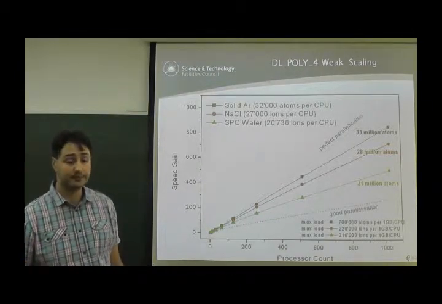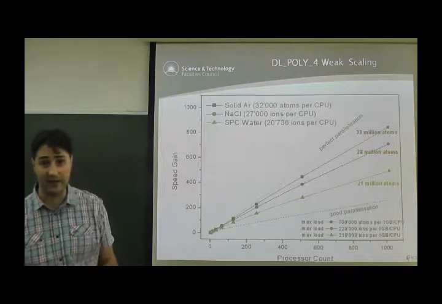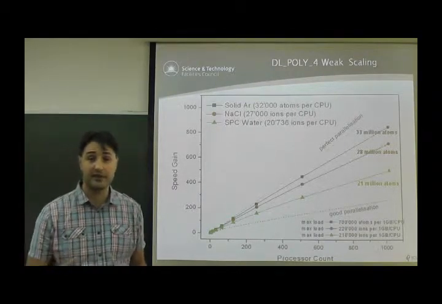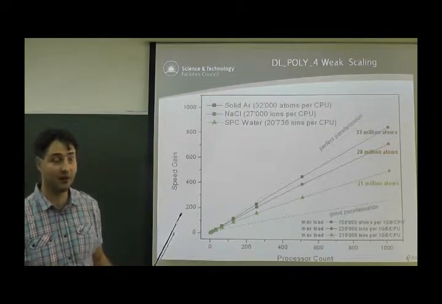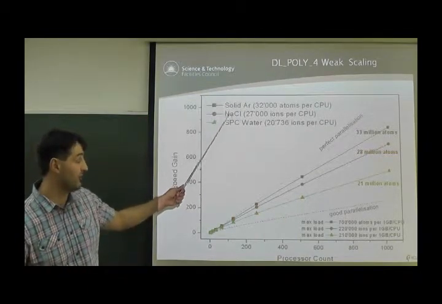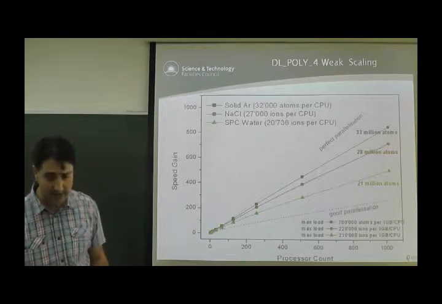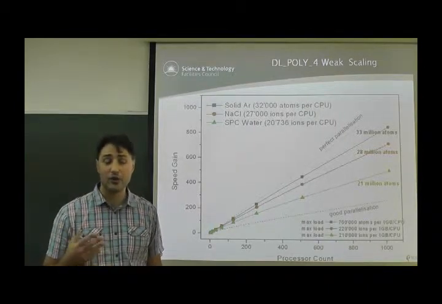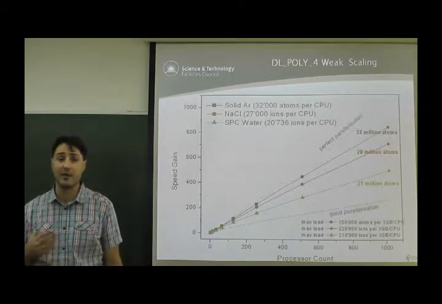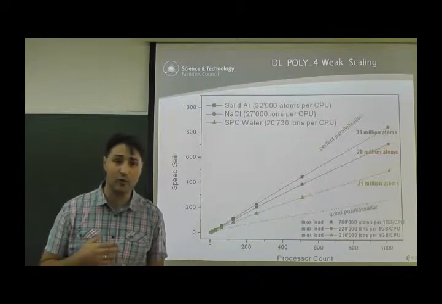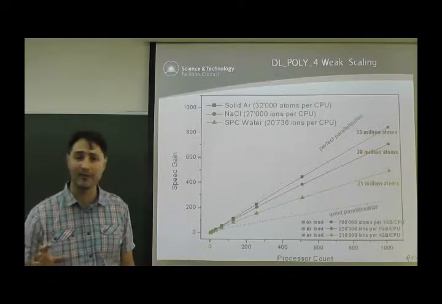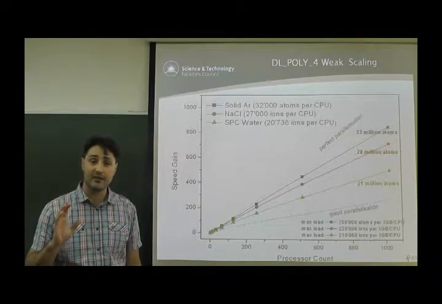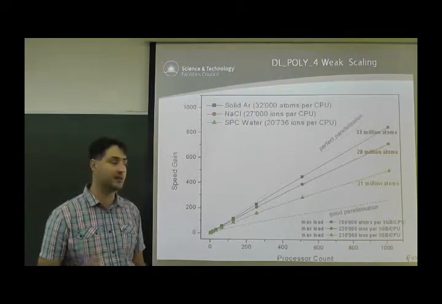In this graph, we demonstrate the weak scaling performance of DL_POLY for three different systems. The systems have been chosen so that, memory-wise and halo-exchange-wise, they have the same load on the package. However, their complexity of the force field increases.